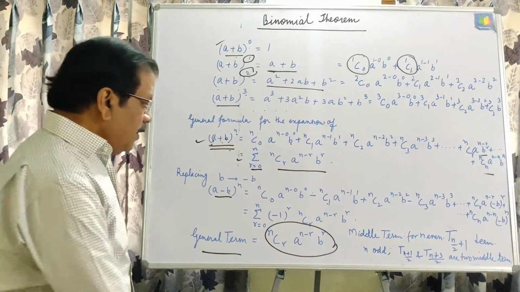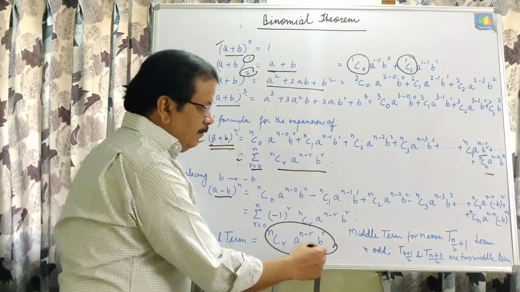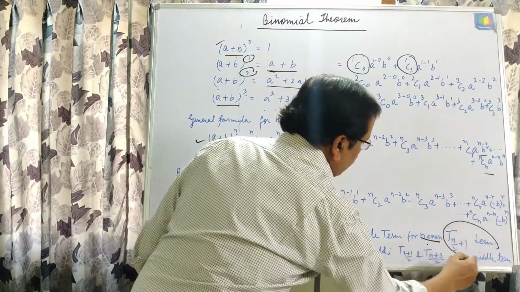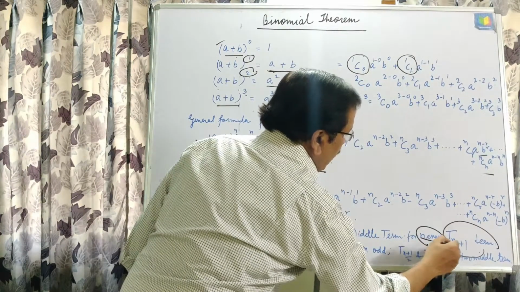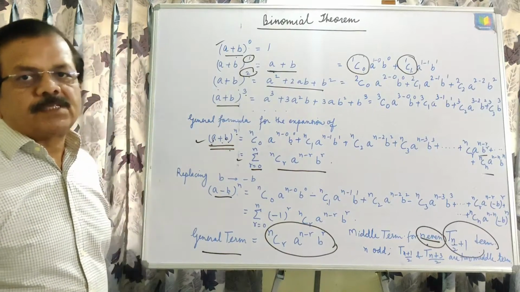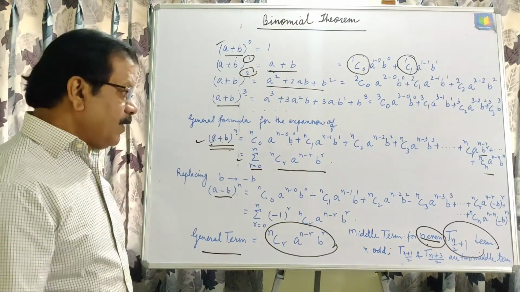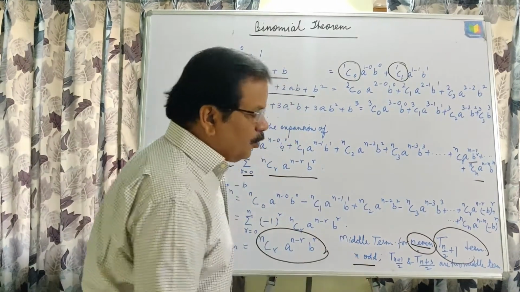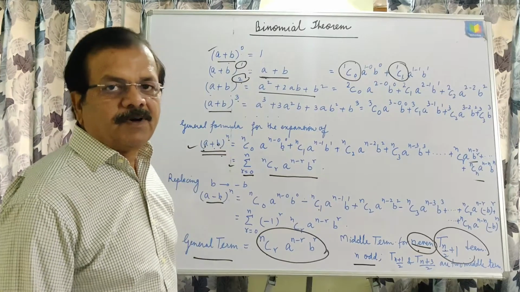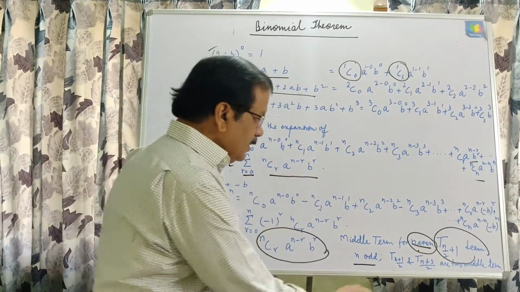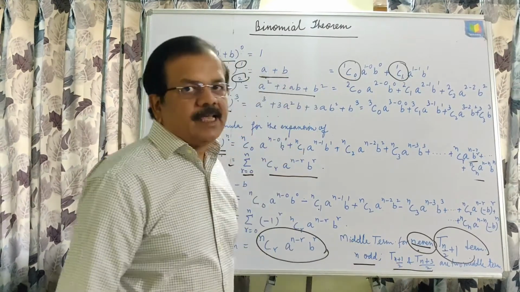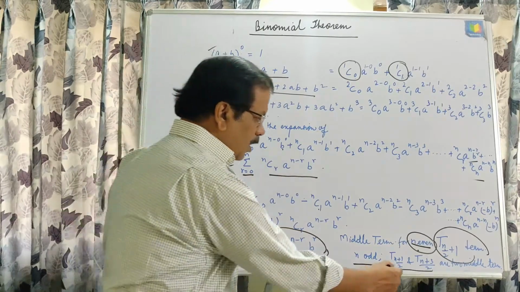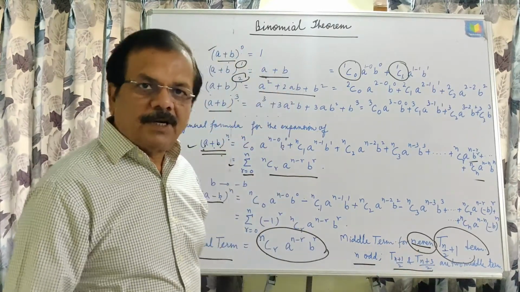The middle term: for n even, the total number of terms will be n plus 1, and the middle term will be the (n by 2 plus 1)th term. Similarly, for n odd, the total number of terms n plus 1 is even, and in that case there will be two middle terms, that is the (n plus 1 by 2)th and (n plus 3 by 2)th, and all of you already know how to find the middle terms.